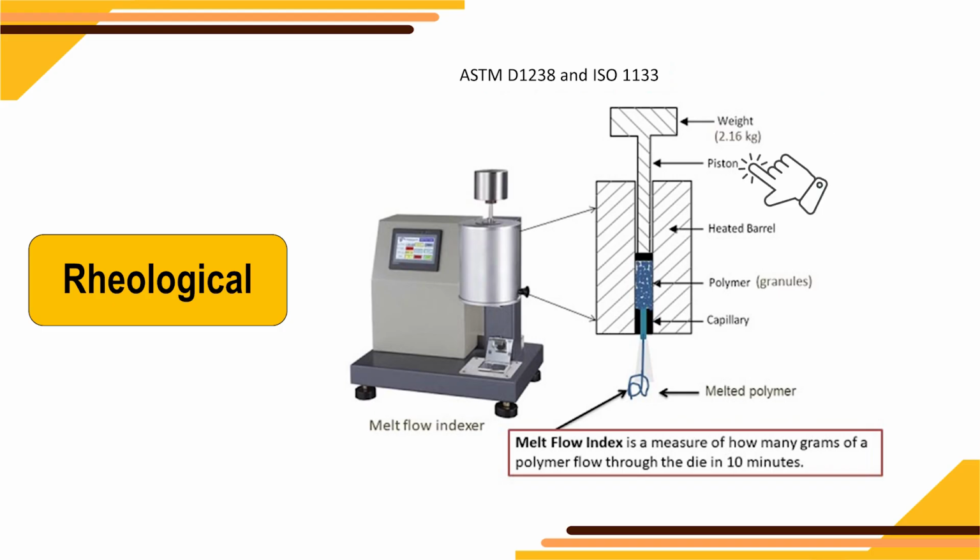In this zone I put the polymer, a defined quantity in granule form. From here, the output material is forced out, extruded in the form of normally a wire, right? So how many grams in 10 minutes, that we measure on an MFI setup.